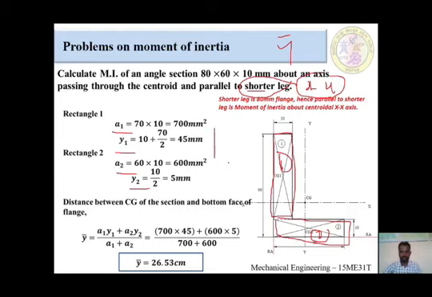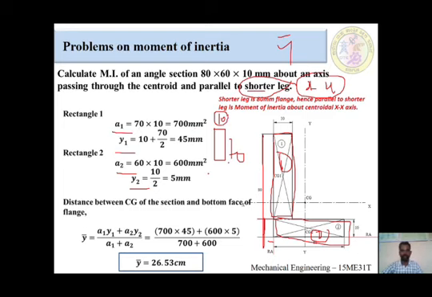Okay, I am taking out the first component outside. This one is 10 millimeter. From here to here is 10 millimeter. Total distance is 80, minus 10 is equal to 70. Okay, how to calculate area? Area of the rectangle is 10 into 70, which is equal to 700 millimeter square. We have calculated the area.